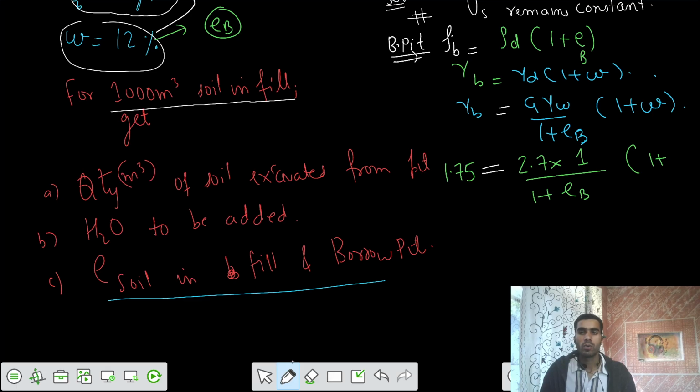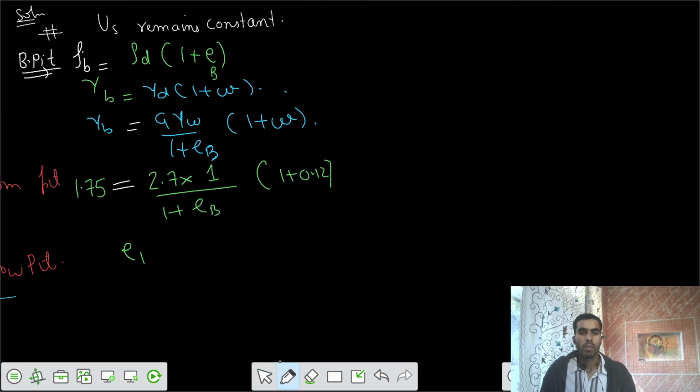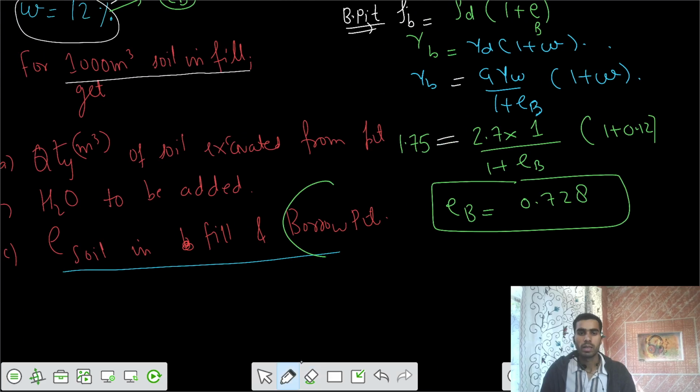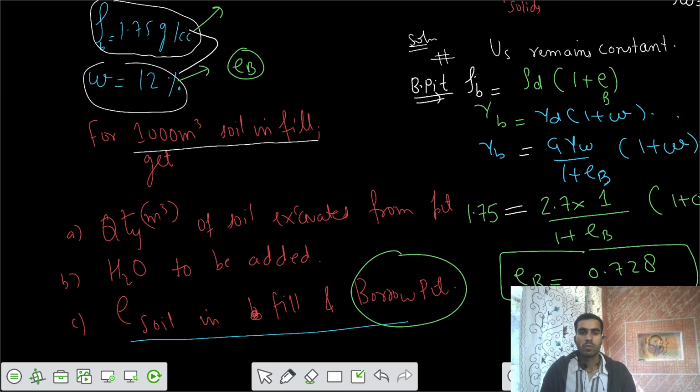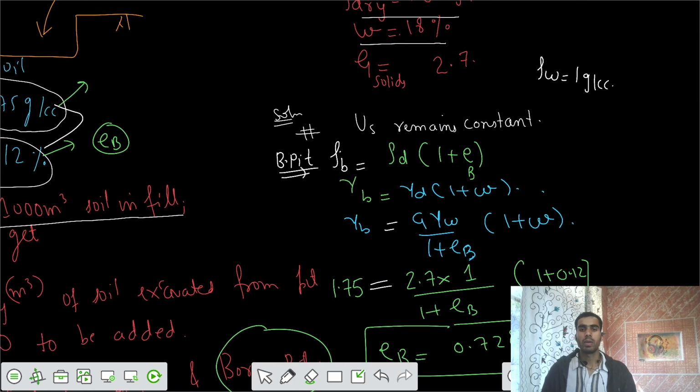Water content is 12%, so 0.12. So the void ratio in the borrow pit would be 0.728. So we got one part of the problem, which was to calculate the void ratio in the borrow pit. This would be very useful in calculating the volume of soil to be excavated.